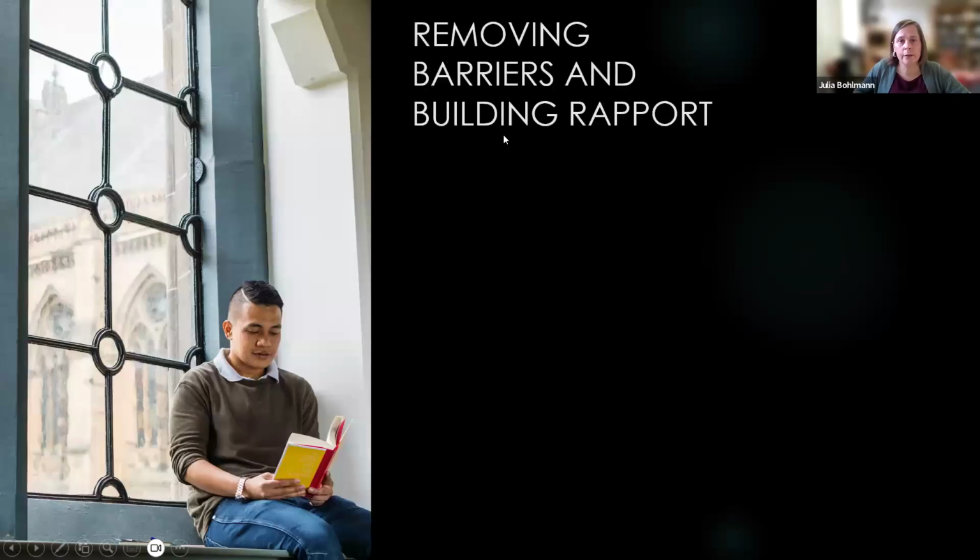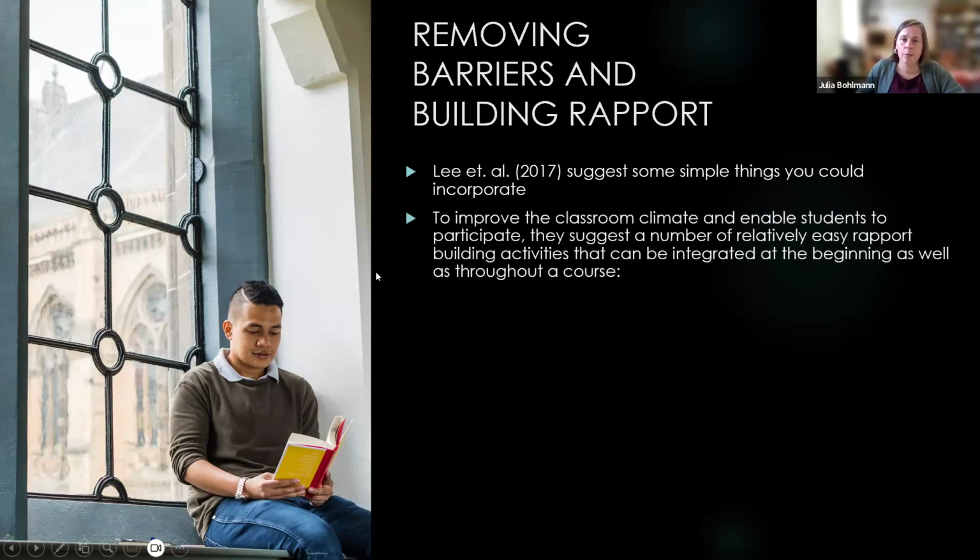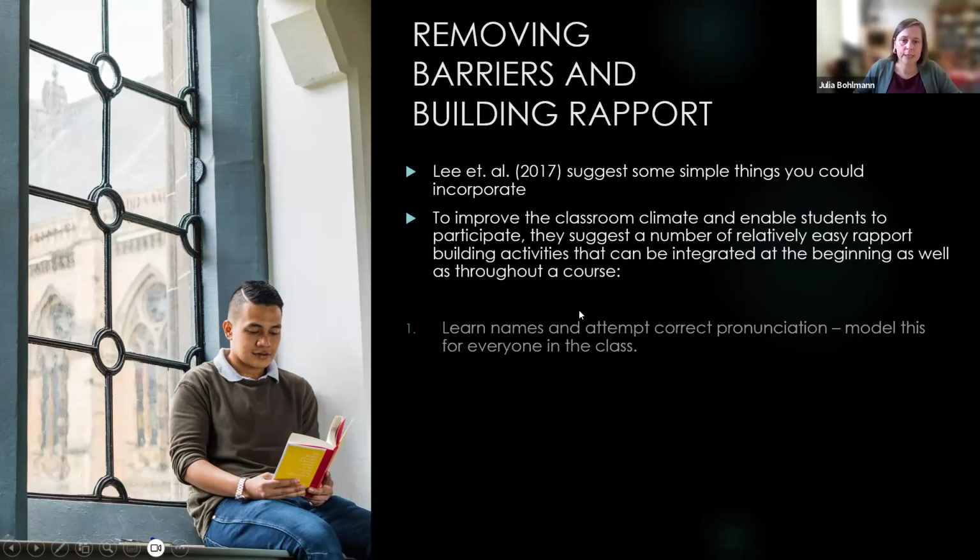So some quick fixes before we go to a more intentional framework. What we could all do to remove some of these barriers, you can find in Lee et al. 2017 in their study on intercultural learning and teaching. You can improve classroom climate by, for example, learning names and attempting correct pronunciation. And I'm saying this with laughing because I know how unfeasible that is if you have a massive cohort.